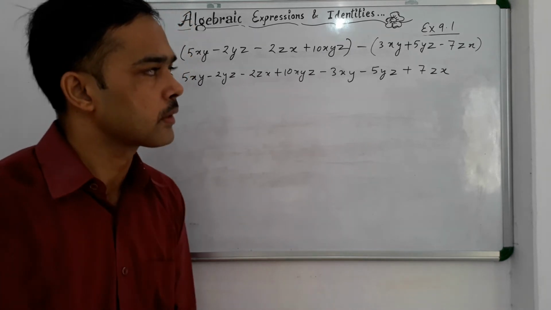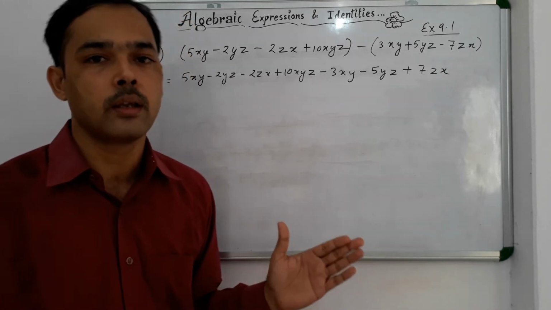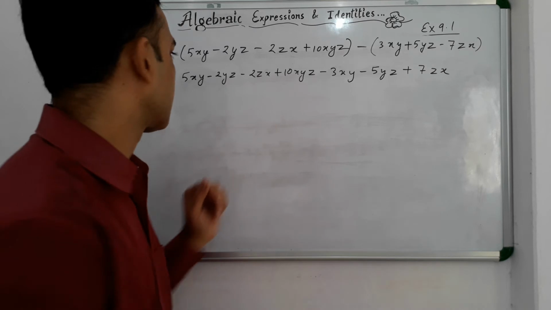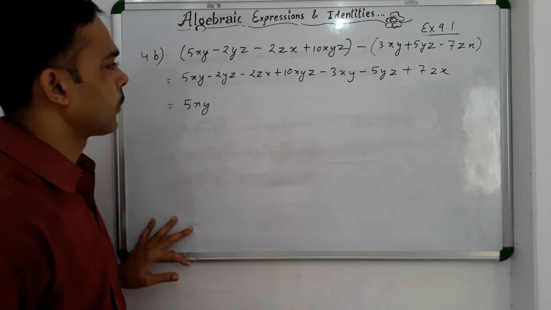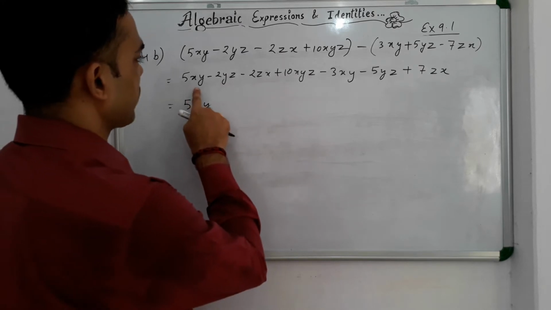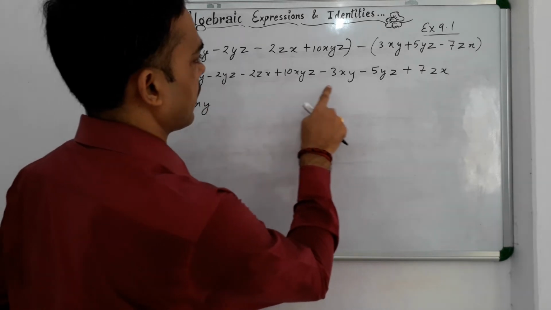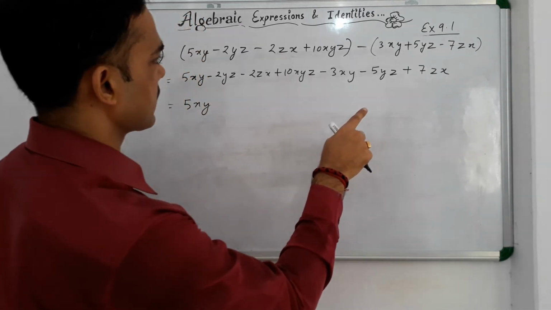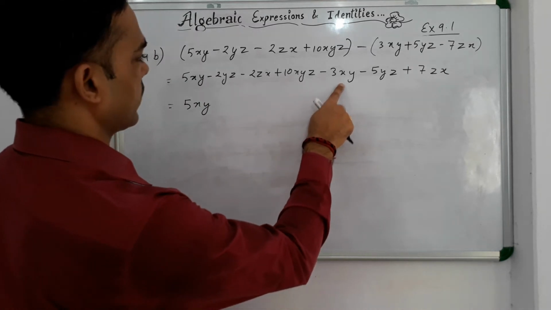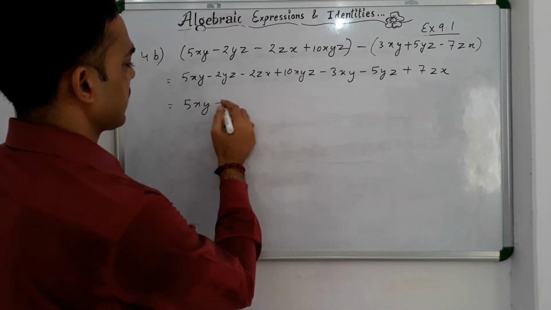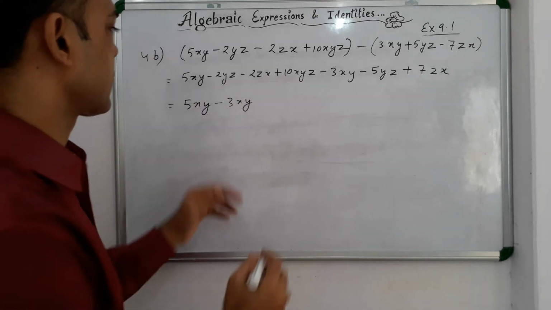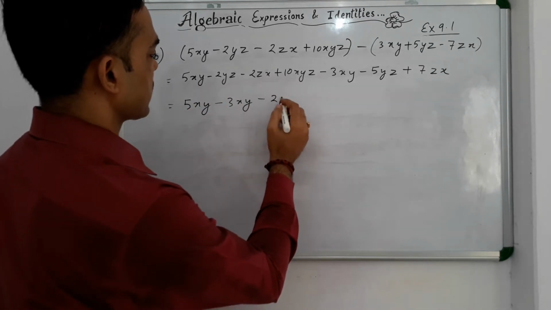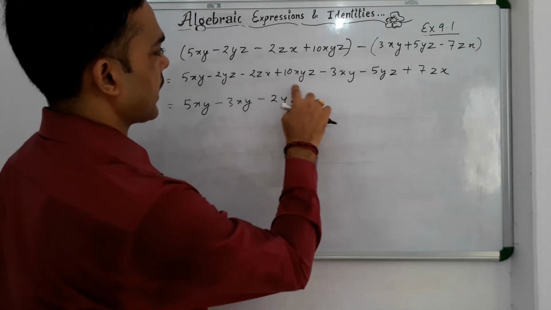Now the next thing that we will be doing is arranging the like terms, and let's search for them. So 5xy, where do we get xy? We don't have any xy here, we have minus 3xy over here. Then let's see yz, minus 2yz, where do we have yz?